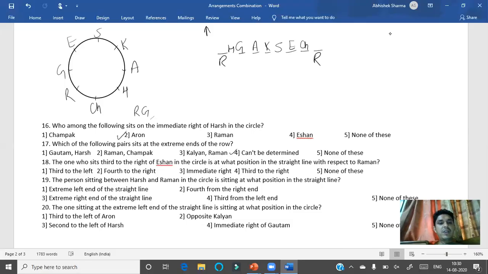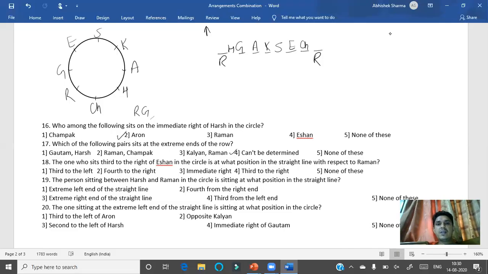Right? The one who sits second to the right of Ishan in a circle, that is Raman, is at what position in a straight line with respect to Raman? The one who sits third to the right of Ishan in a circle, at what position with respect to Raman?